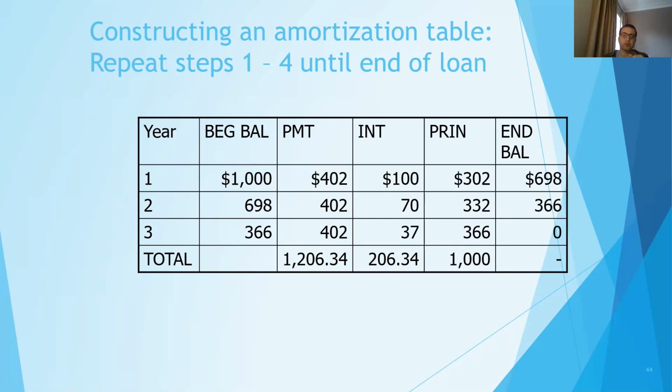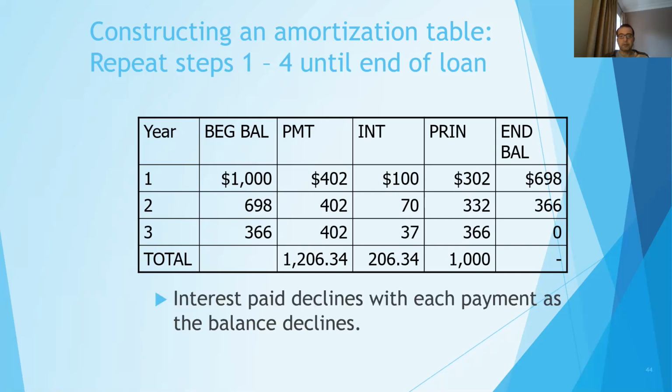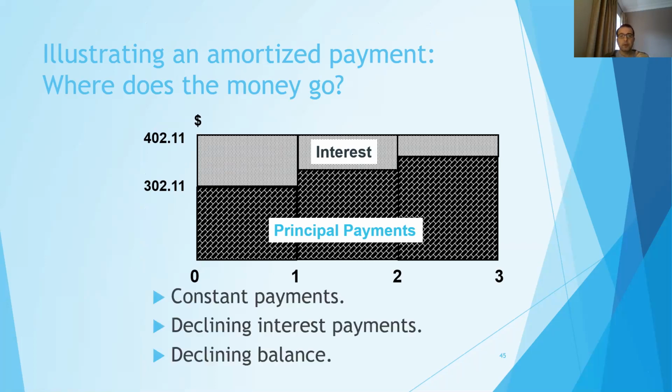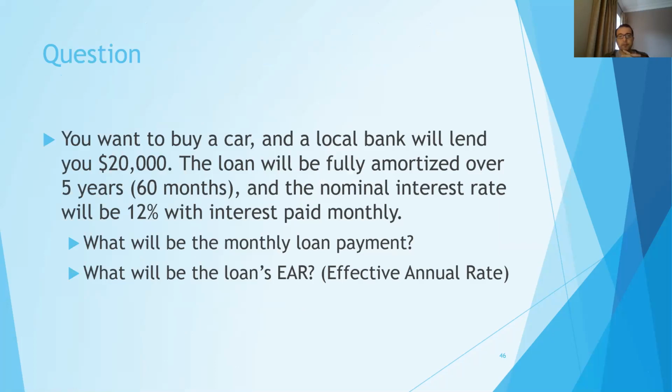With the 10%, of course, in 3 years' time. So this is basically the amortization table of a 3-year, year-end loan payment, right? You see each time the principal payment has increased and the interest payment has decreased accordingly.